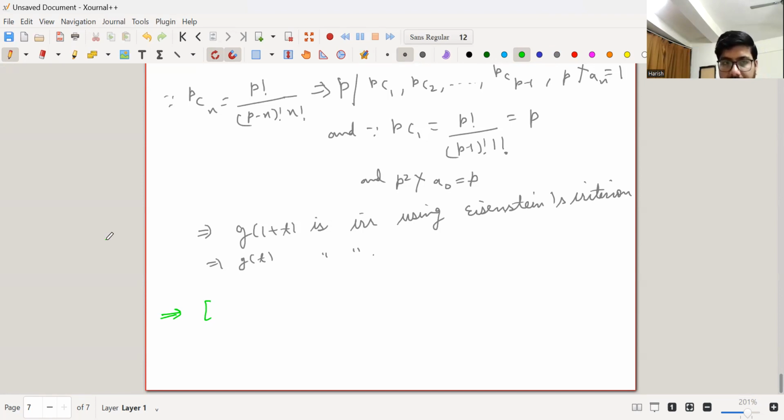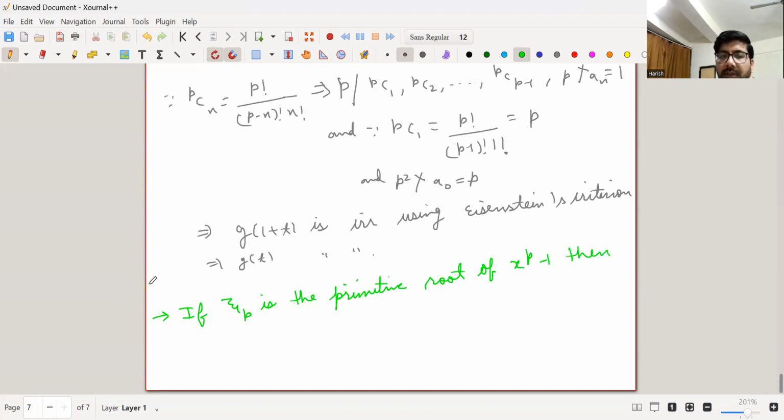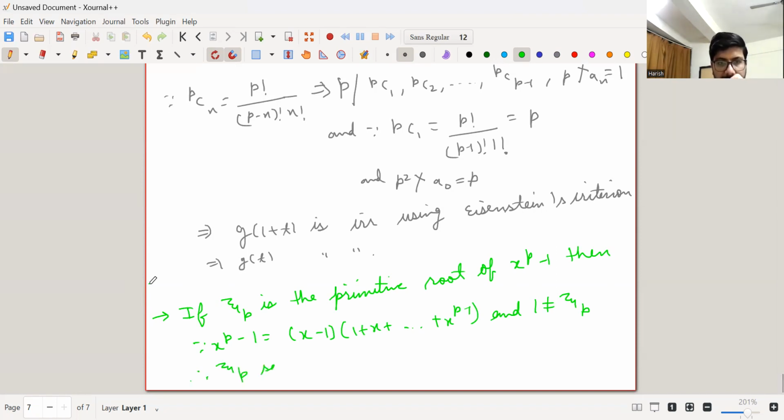As a consequence, in the last lectures we observed that if zeta p is a primitive root of x^p - 1, that is, the root that generates all other roots, then since x^p - 1 is, as we saw above, x minus 1 times (1 plus x plus so on up to x^(p-1)), and 1 cannot be the primitive root because any power of 1 will again be 1, so it won't generate all other roots, therefore zeta p must satisfy the other polynomial, that is 1 plus x plus so on up to x^(p-1).